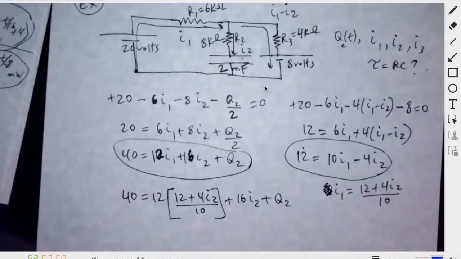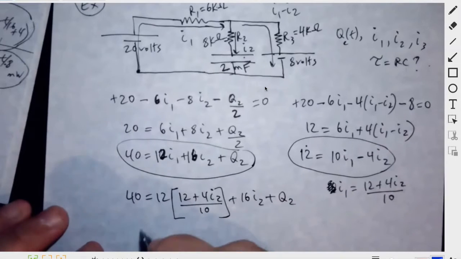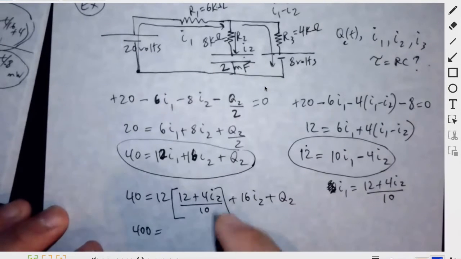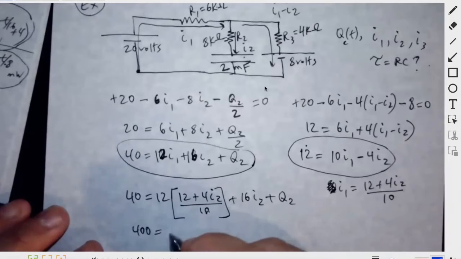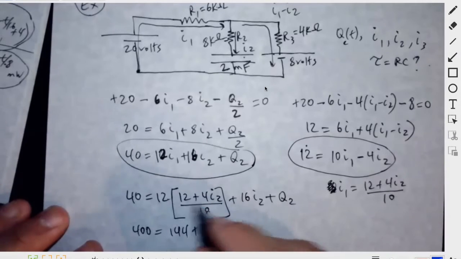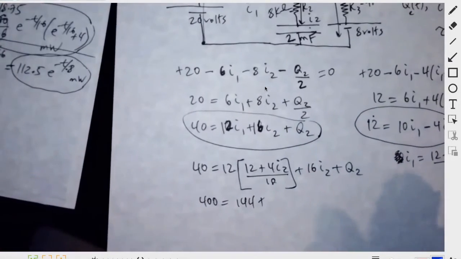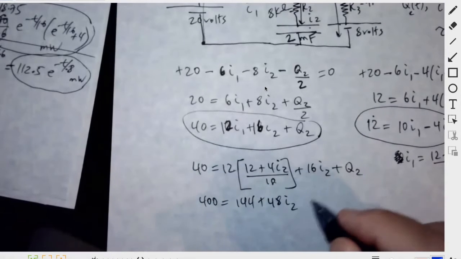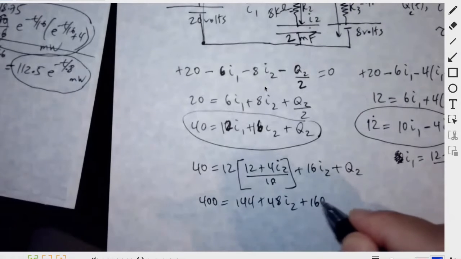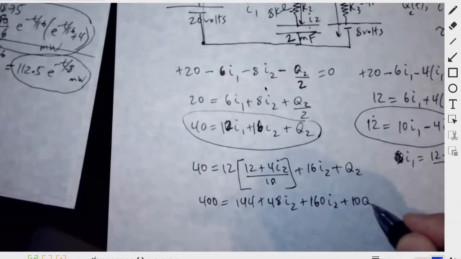Okay, nice. Multiply everything by 10. So then you're going to have 400 is equal to, okay, then the 10 will disappear. 12 times 12 is 144. 12 times 4 is 48. And then 10 times 16 is 160. 10 times Q2, 10 Q2. Okay.